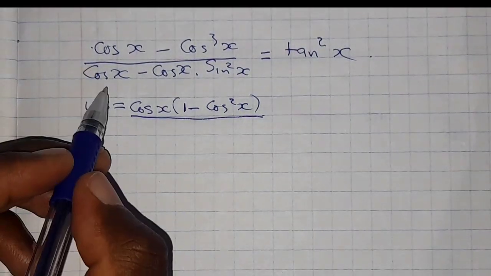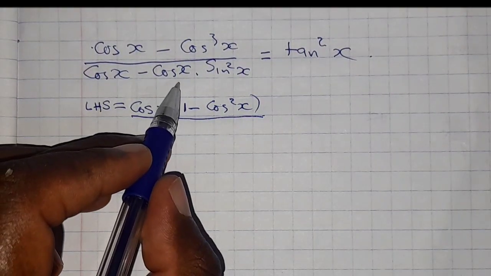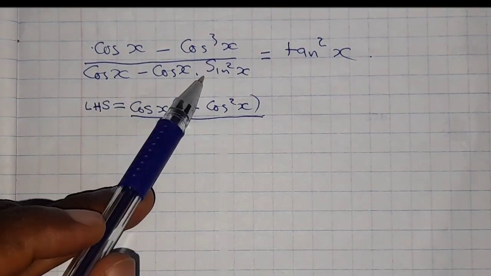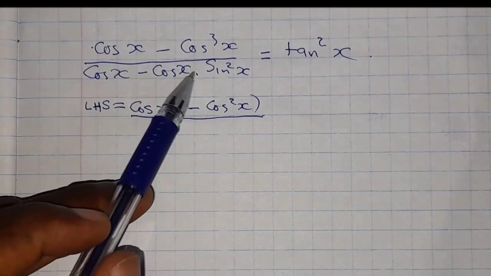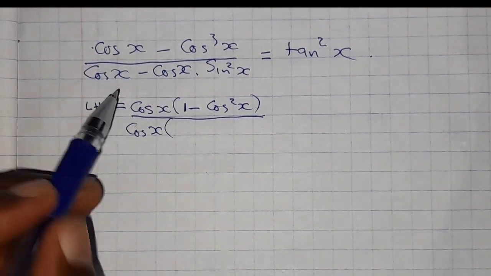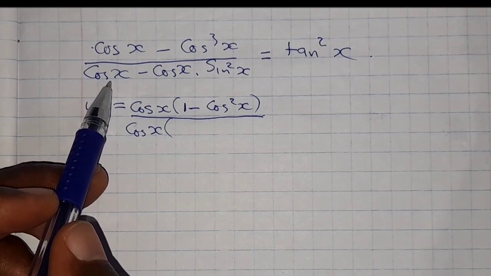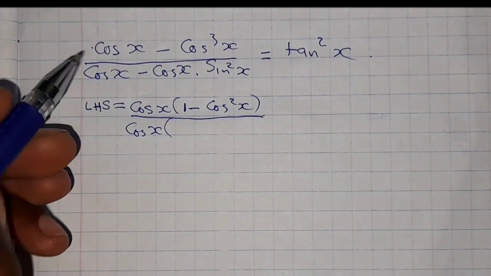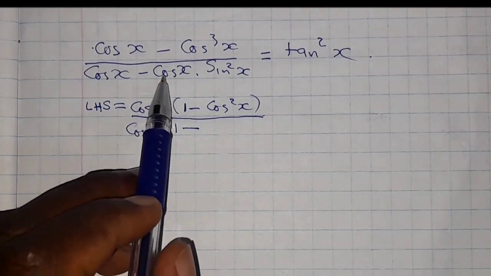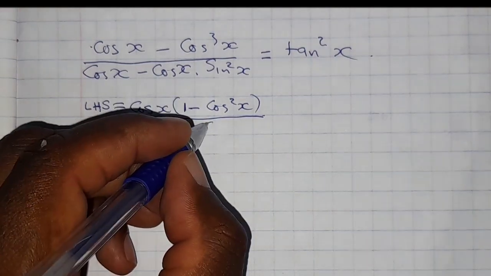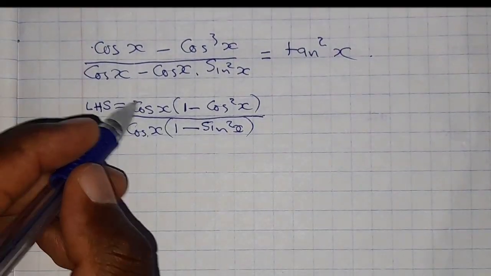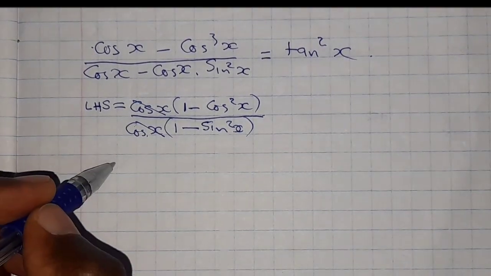all over cos x minus cos x times sine x squared. I want to factor out cos x here also. Cos x bracket, cos x divided by cos x, that's 1, minus cos x into this one is sine x squared. So these two will cancel each other.